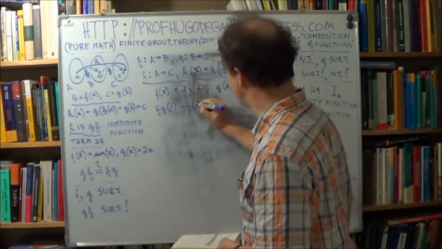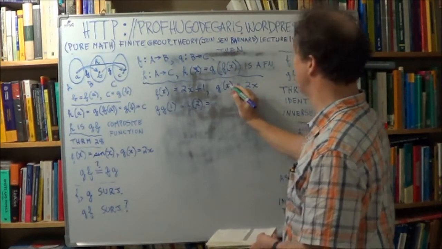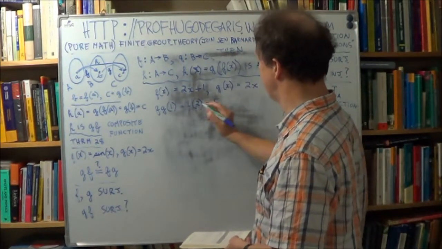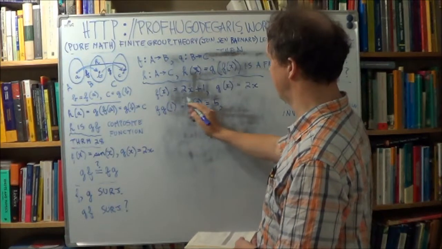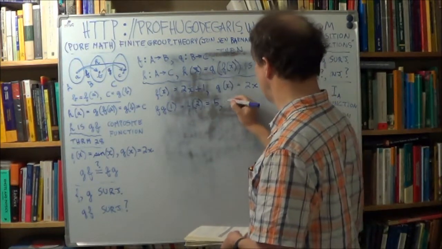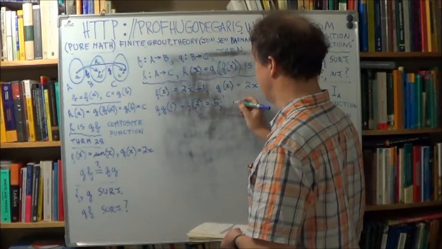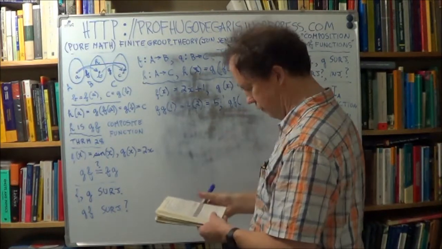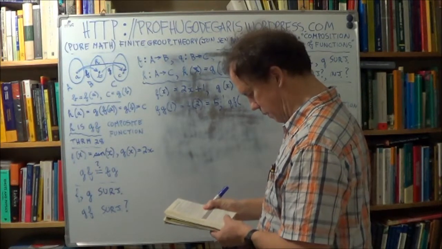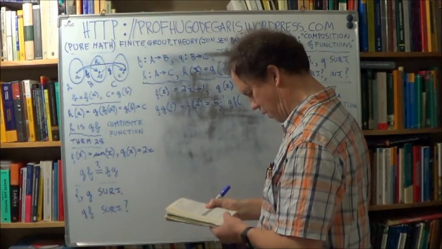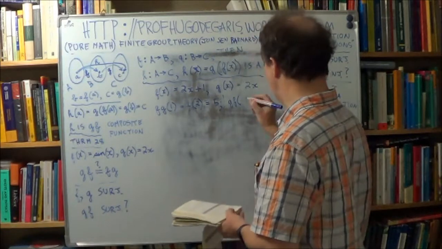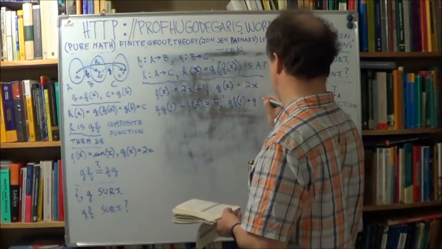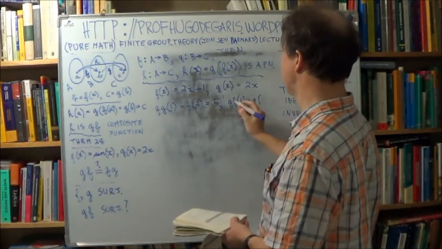Okay, so g of 1 is what? Well, that's just 2. Now f of 2, can you see that's just 5? Yeah, f of 2 is 5. Okay, now the other way, g of f of 1 will be, now what's f of 1?